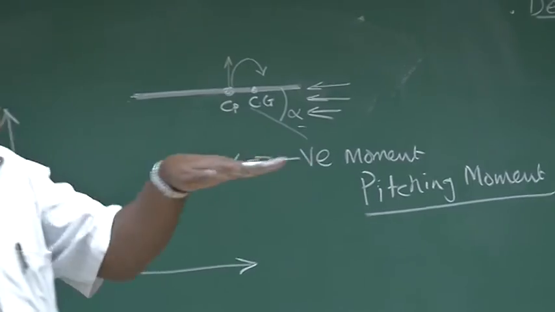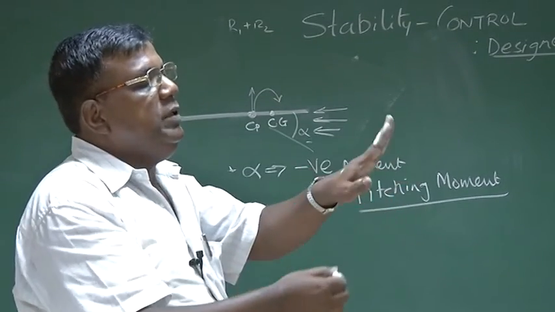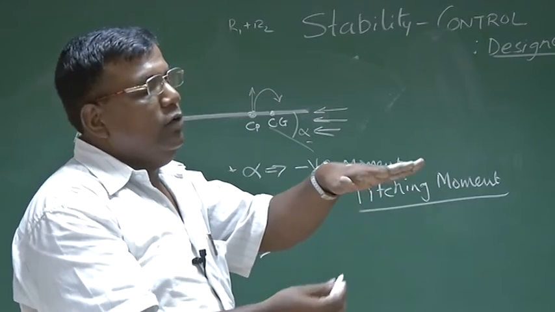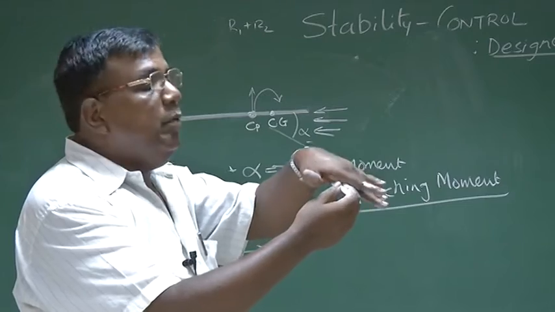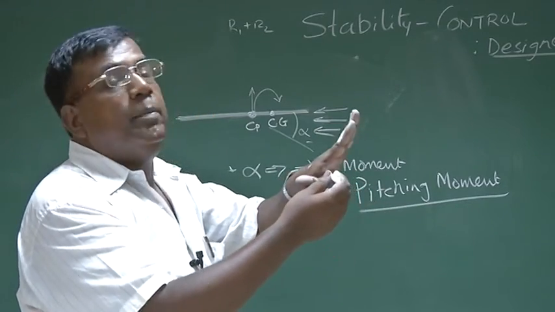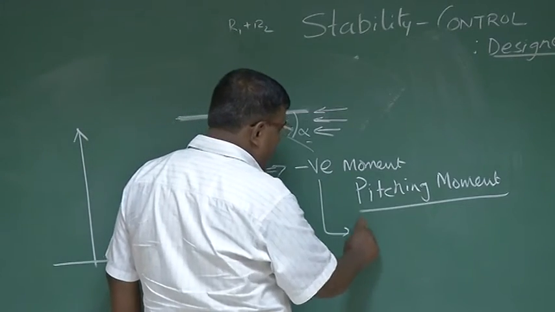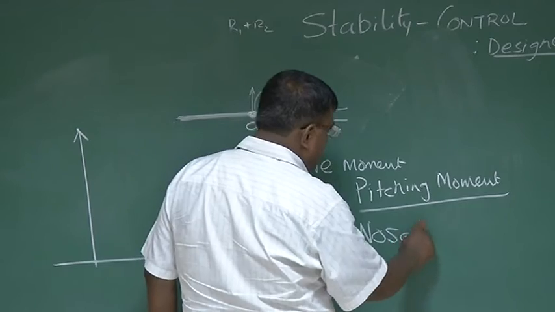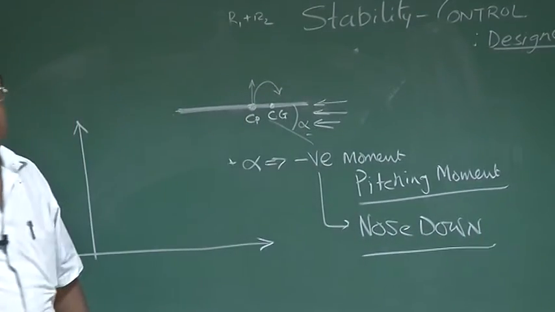If this is the airplane, like this is the x-axis and this is the y-axis, this is the pitching moment in the vertical plane. So positive alpha, and this plate will generate a negative moment. Negative moment means nose down moment, and positive moment by convention is nose up moment. So pitching moment negative, when I say it is nose down. This is a matter of convention. Just take it like that.